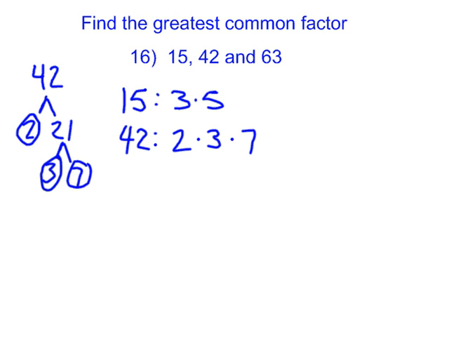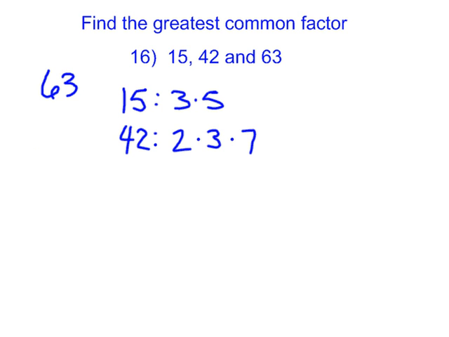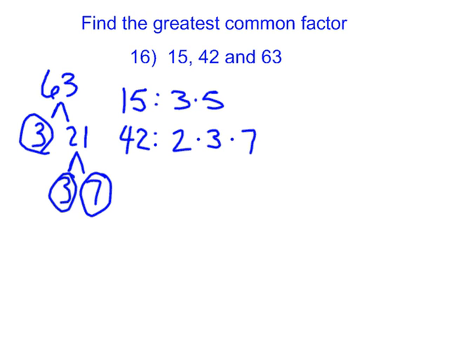And then we have to do 63. And 63 would be 3 times 21, 3 times 7. And so 63 is 3 times 3 times 7.